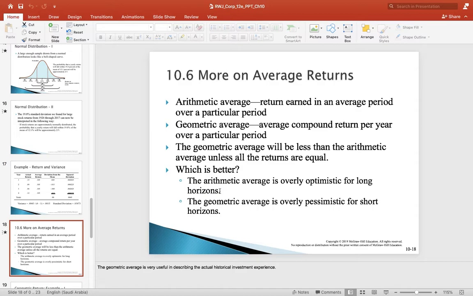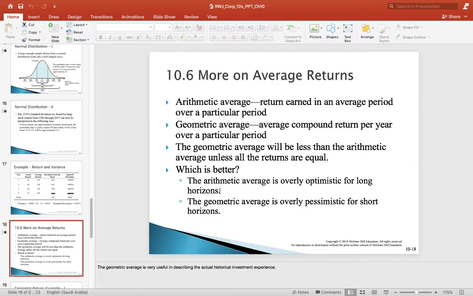The geometric average will be less than the arithmetic average unless all returns are the same. Normally, in a theoretical question or multiple choice question, the geometric return can be less than or equal to the arithmetic return. Remember this.